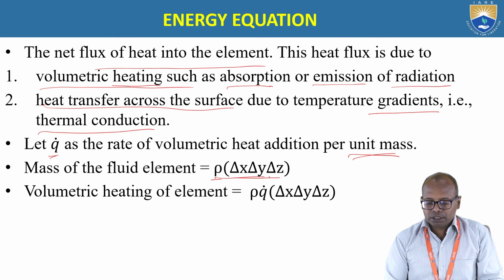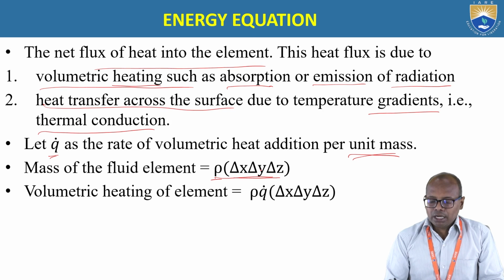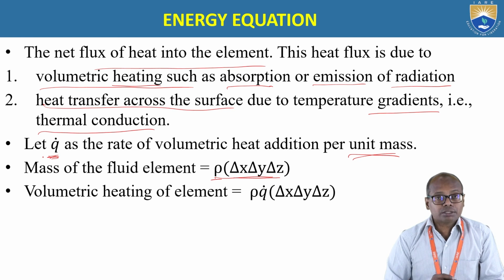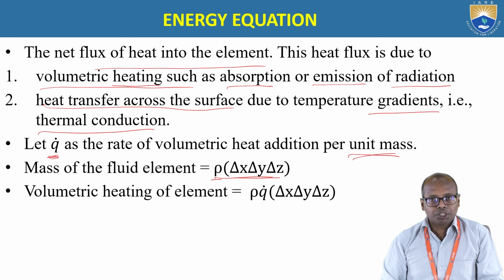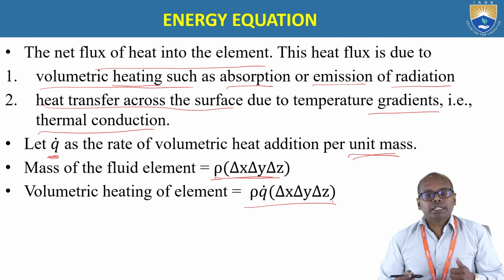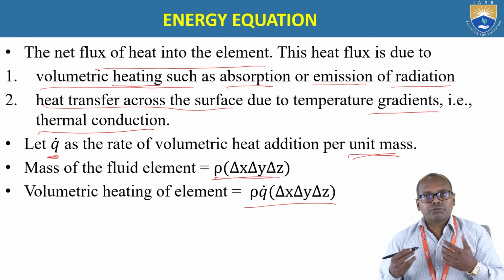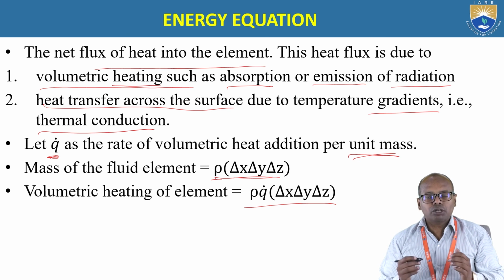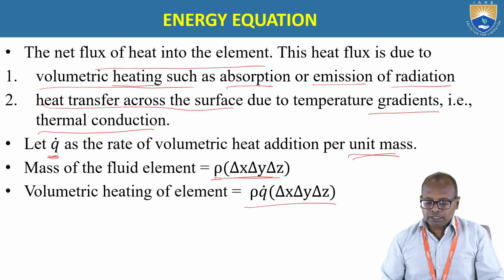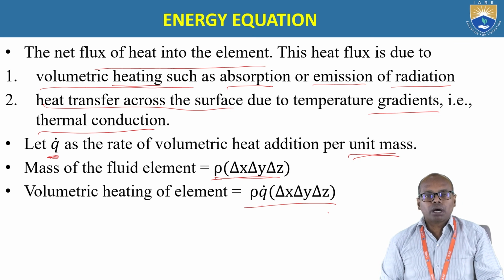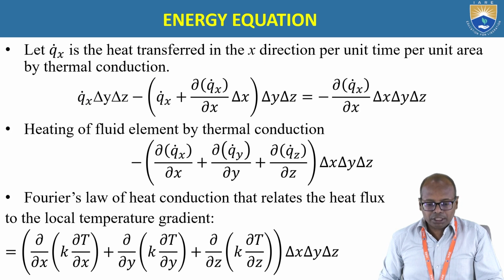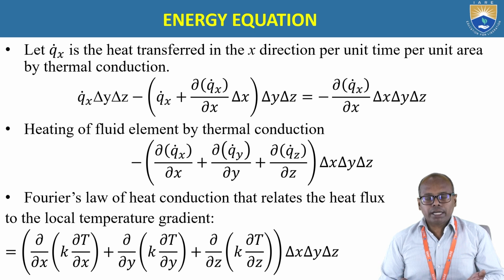So the volume into density will give the mass of the fluid element, and Q dot is the volumetric heat transfer per unit mass. So the product will give the net heat added because of radiation. The volumetric heating because of the radiation component is given by Q dot into mass of the element.